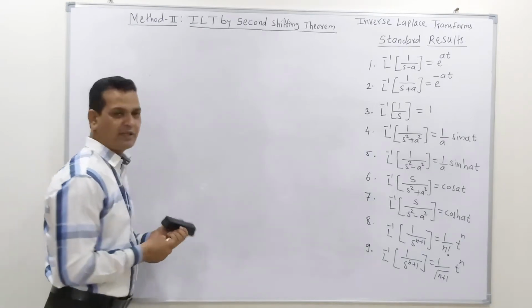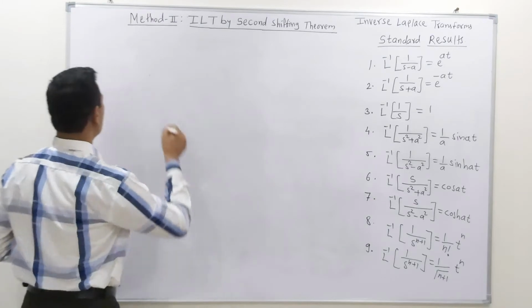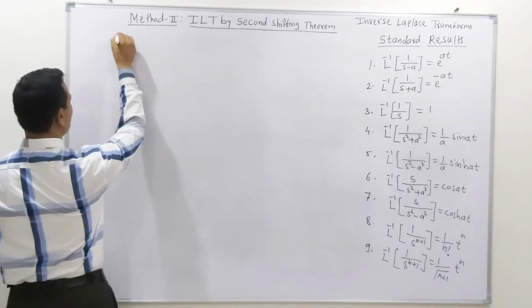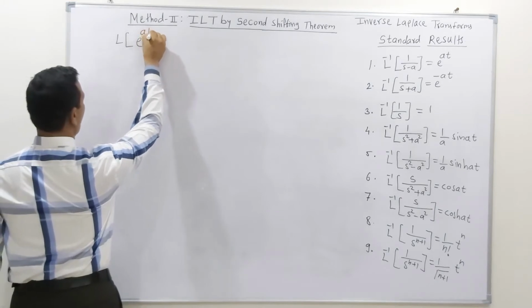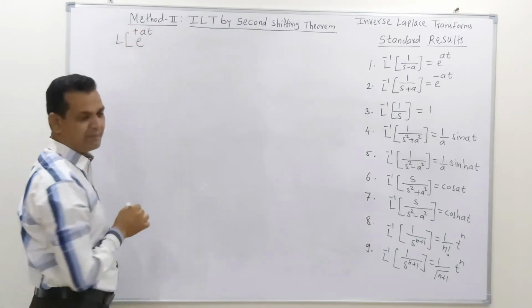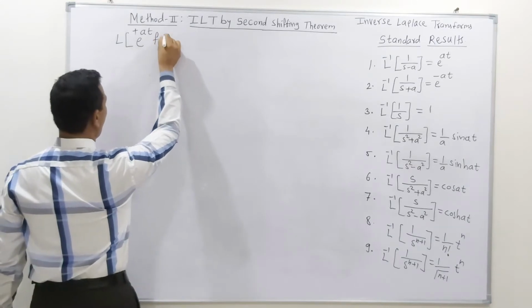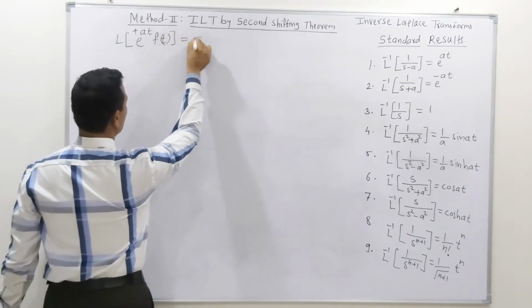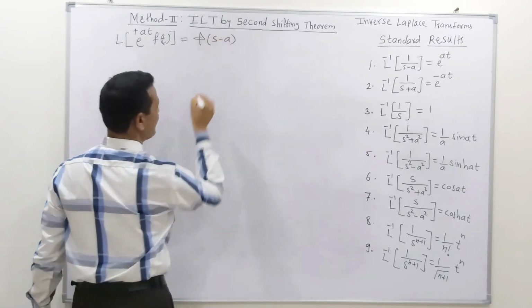Before going to this method, we need to know the second shifting theorem of the Laplace transformation. This second shifting theorem says that the Laplace transformation of e raised to plus at times f of t is equal to phi of s minus a.